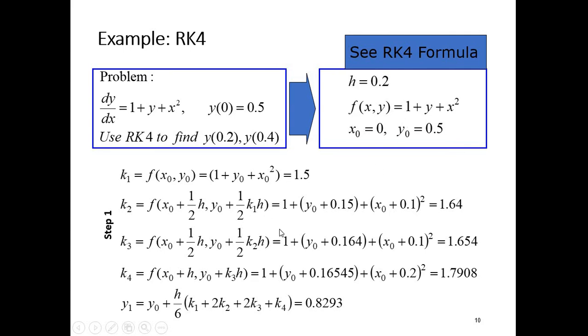So in this case, this is 1 plus, in place of y, you substitute this y coordinate. If you evaluate it, you should get y naught plus half k1 times h, and then h is 0.2. This should give you 0.15.